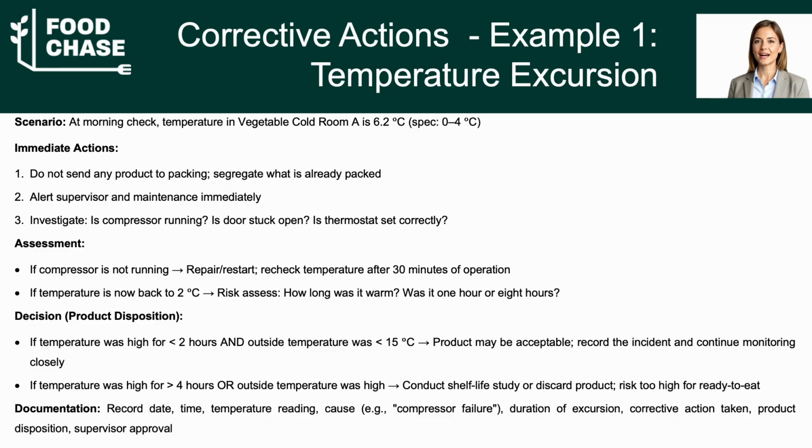If temperature was high for 4 hours or outside temperature was high, conduct a shelf life study or discard product. Risk too high for ready to eat. Documentation: record date, time, temperature reading, cause (compressor failure), duration of excursion, corrective action taken, product disposition, supervisor approval.